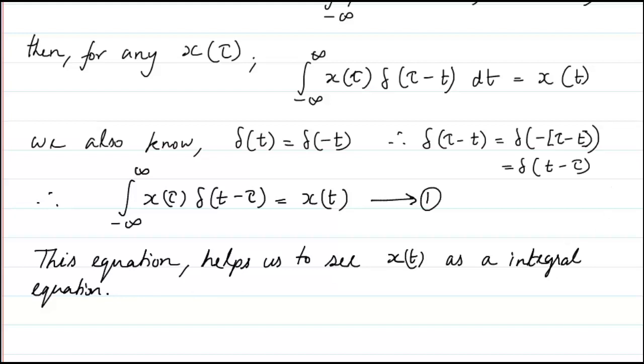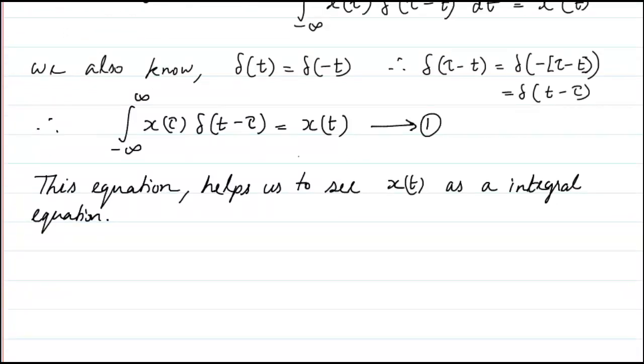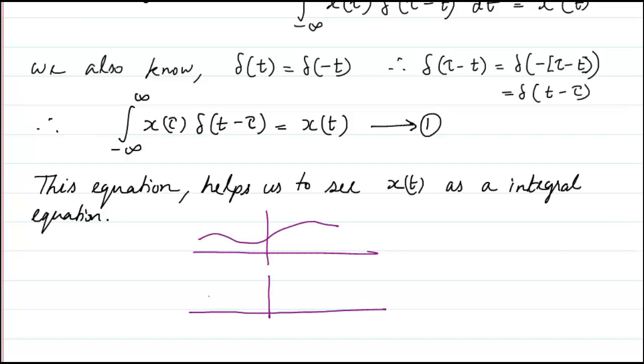Suppose this is x of t. It is as good as imagining that it is made up of many very closely lying impulse functions, all of the same height.